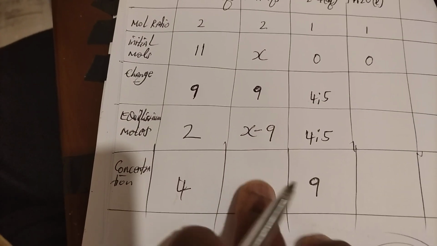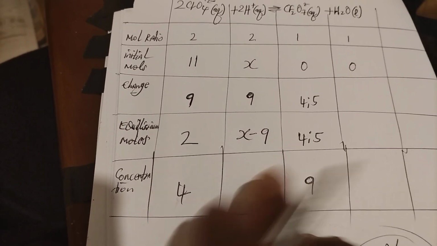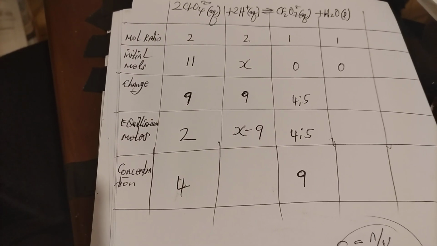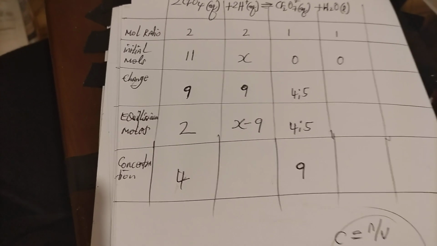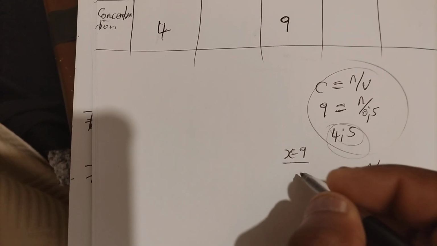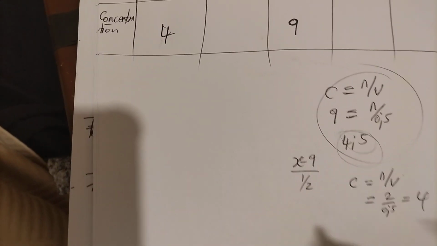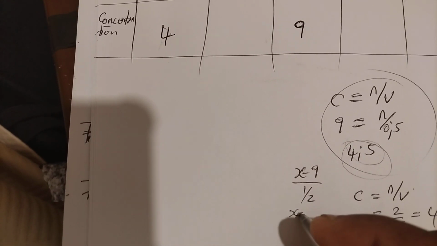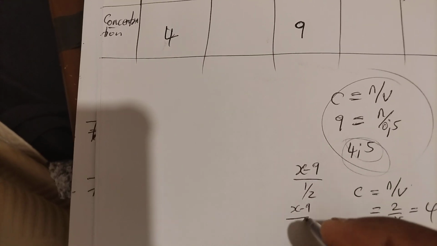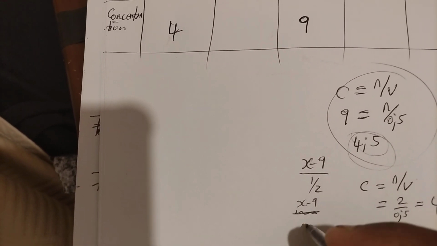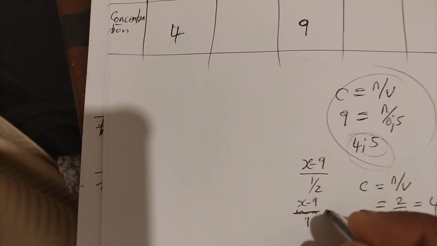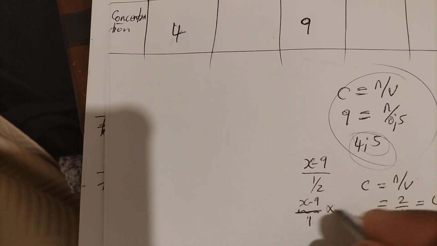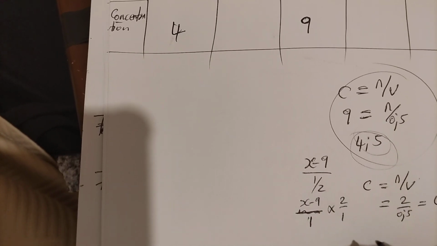Now this one will have to be worked out, because if you look at it, you will see it will say here X minus 9, then divide by half. Okay, we have to work it out. So if you are to work this out, it will be X minus 9 over 1, and then from there it will be times 2 over 1.